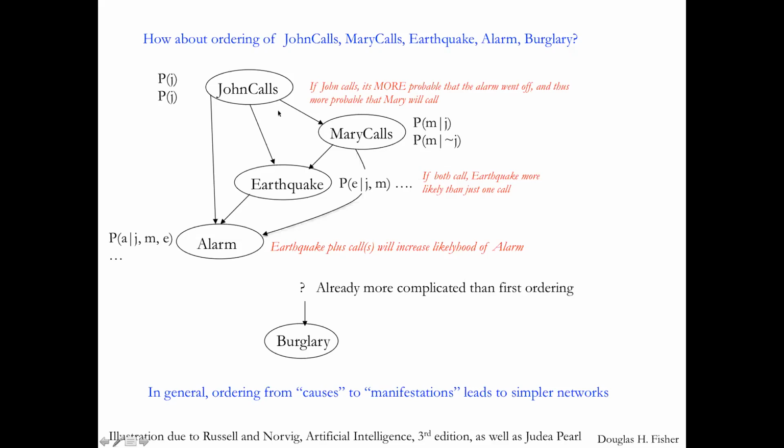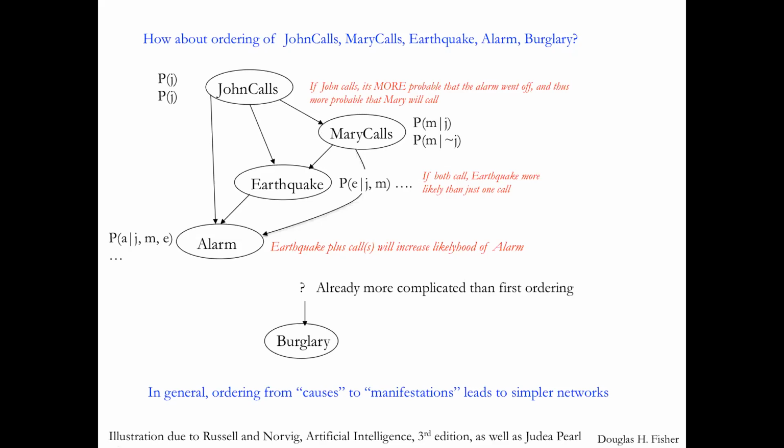And so the only way of representing any information about whether the alarm has gone off, and John's call is evidence that the alarm has gone off, and we know that because we know about the domain, is that John calling has got to be, if we want to capture that information, a parent of Mary calls. Okay, these are not independent any longer, or conditionally independent.